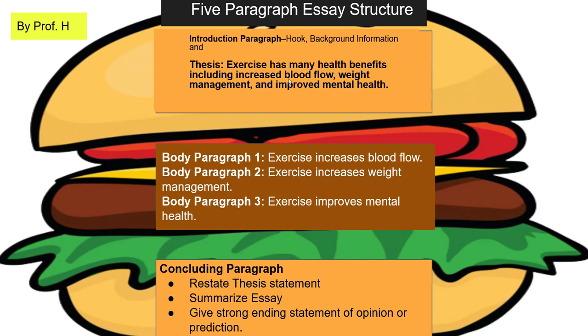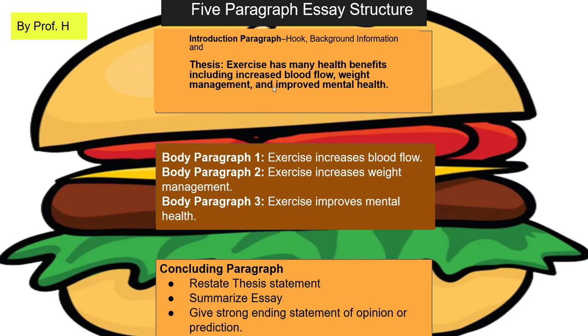And then these 3 reasons, increased blood flow, weight management, and improved mental health, become your topic sentences for your body paragraphs. So here you have body paragraph 1, exercise increases blood flow.